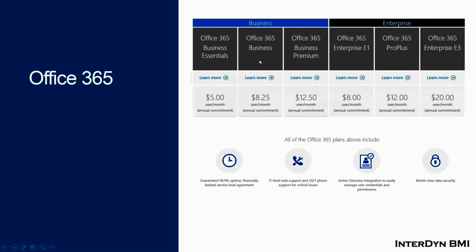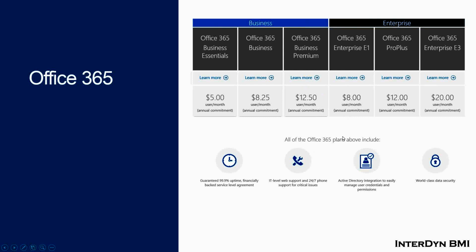Not mailboxes in the sky, not SharePoint, but just Office. It's a great way to do it because you're renting Office from Microsoft. And then the third package is give me both the Office applications and the online services.